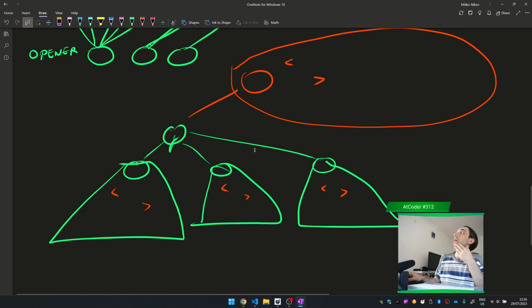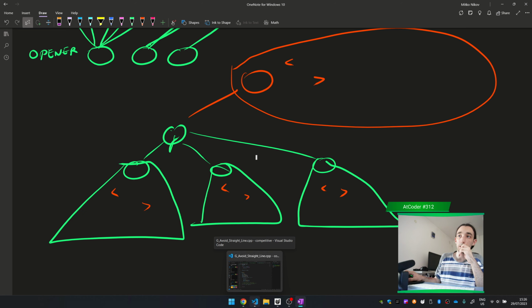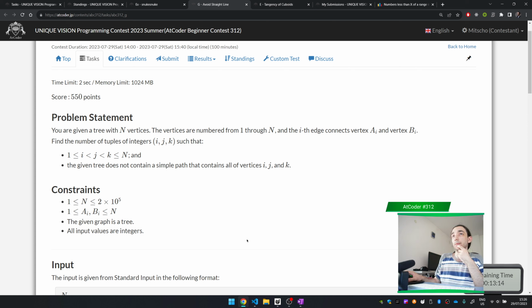So what about centroid decomposition? We'll say the number of paths such that... I mean, this could be solved with centroid decomposition, incredibly faster than what I'm trying to do.